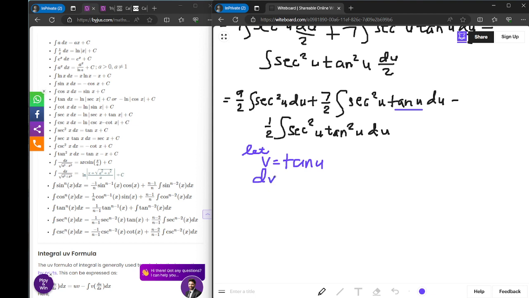Then the derivative of tangent u is secant squared of u du. And we can find here in both terms that these are secant squared u du. So let me just erase this. So we have here secant squared u du. We also have here secant squared u du.